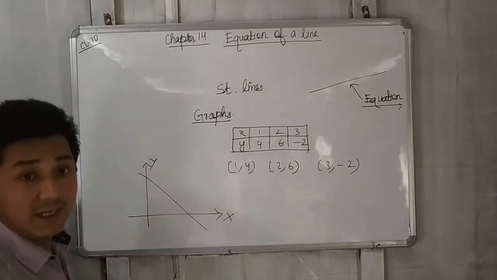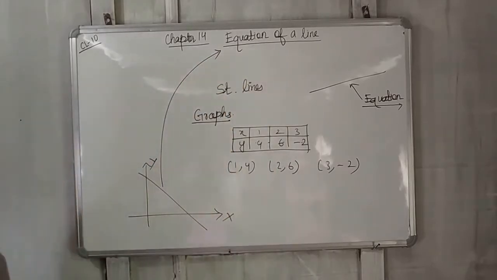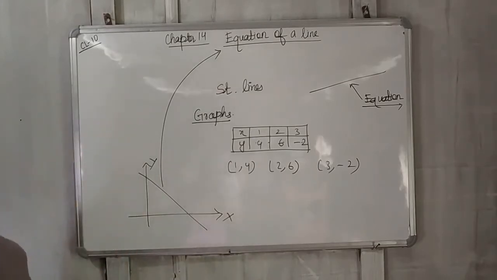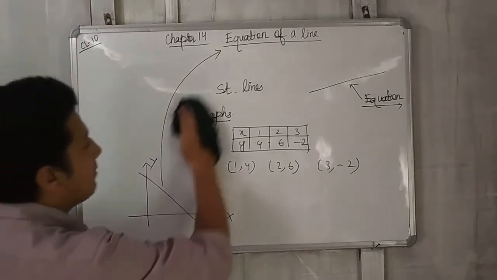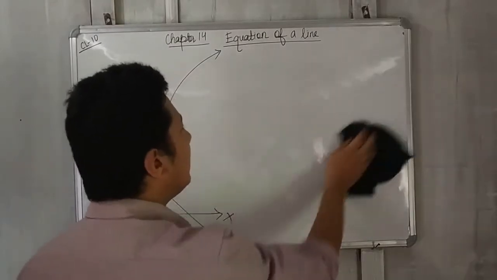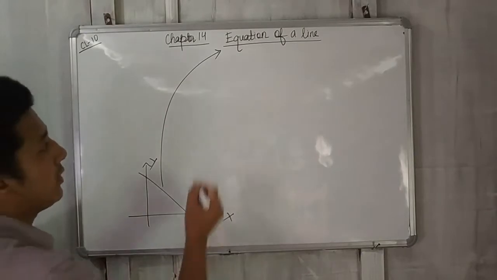That was just a straight line, but here we need to find the equation of this straight line. We also need to find the equations of the straight lines in this chapter. Talking about equations of straight lines, remember that equations of all the straight lines will be a linear equation.